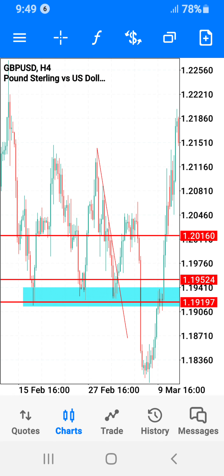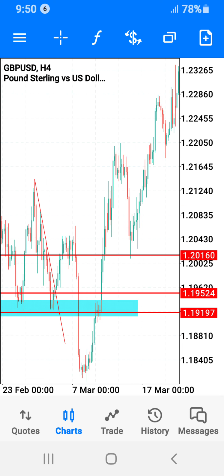At this break, we can be waiting for a break, then a retest. If it doesn't give us that, we'll just leave it. Right now this one didn't give us a retest, so we are leaving it. If this was a retest, we want to see it coming down again like this before getting in.